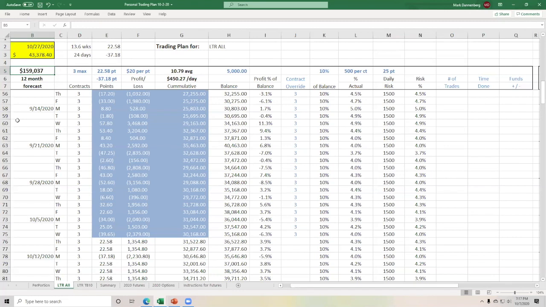Okay? I'm not guaranteeing in any way that you are going to achieve that. I'm just saying that if you continue to trade in exactly the same fashion you perhaps have been trading for a 13.6 week period, if your run rates are going to continue to be the same as they have been during that 13.6 week period, then it just becomes a matter of mathematical projection.